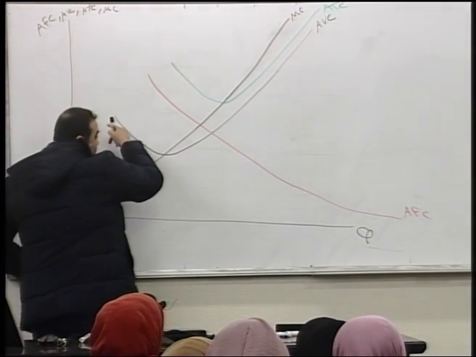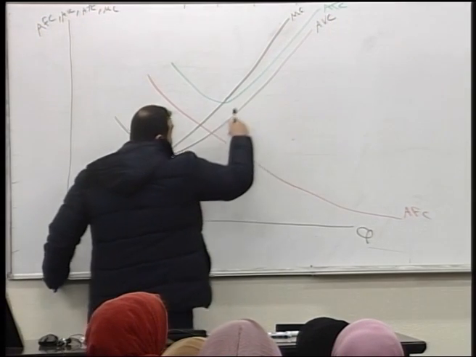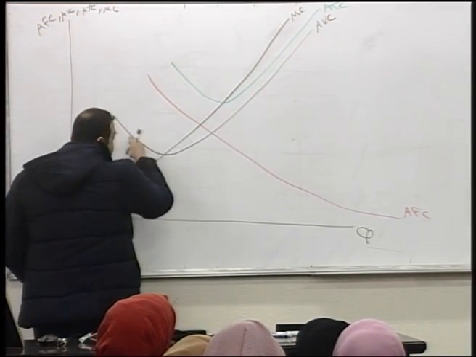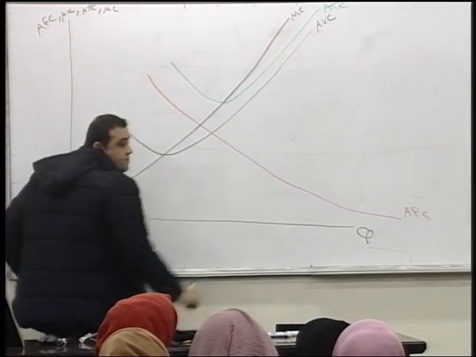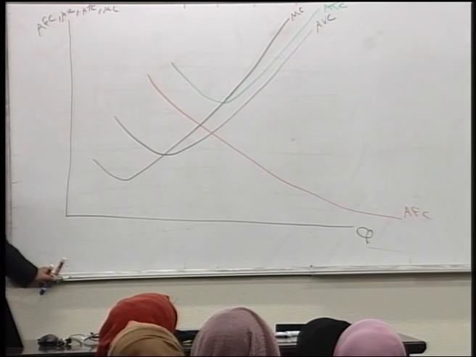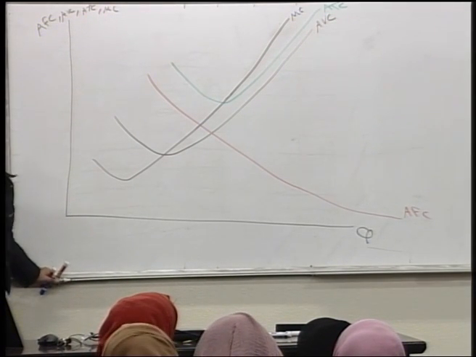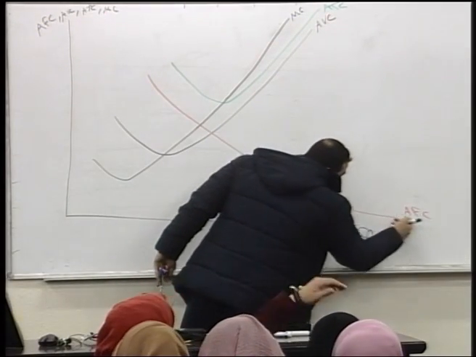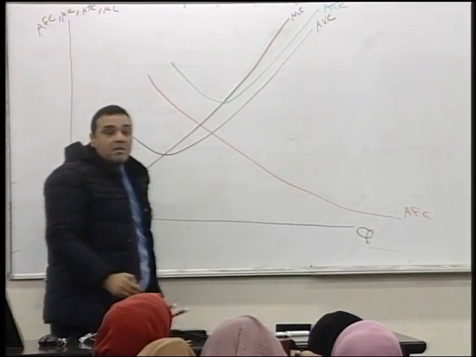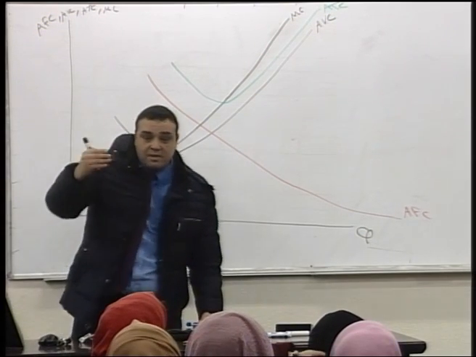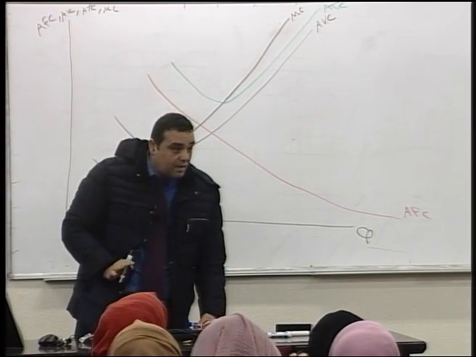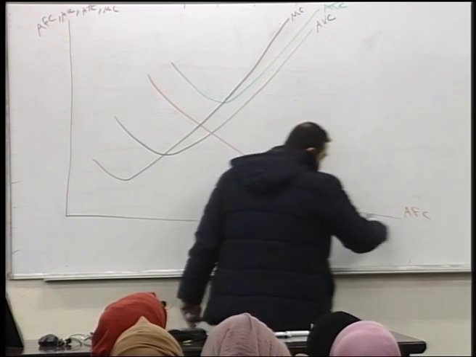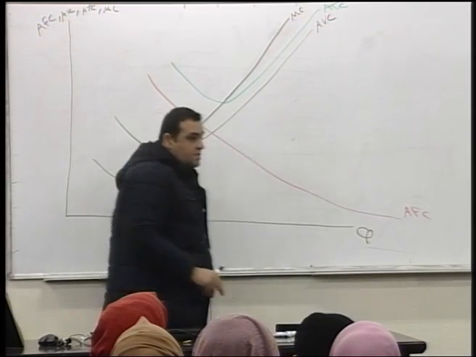Above here, the average variable cost declined and then goes up. Right? Average fixed cost is decreasing, right? But never reaches zero in the short term. Right? Meaning it never touches the horizontal axis.